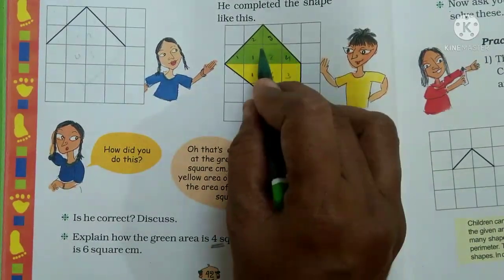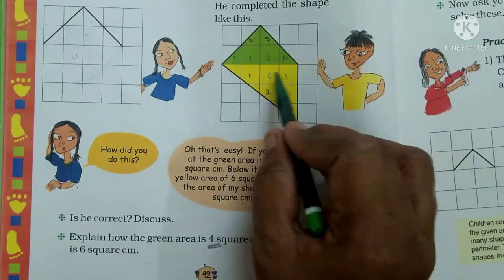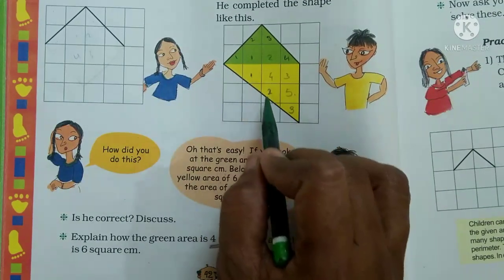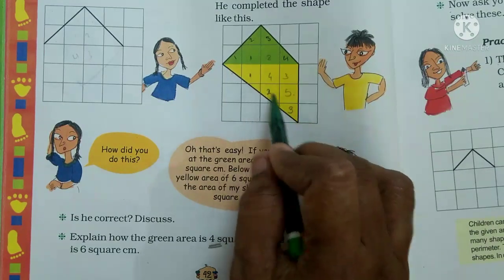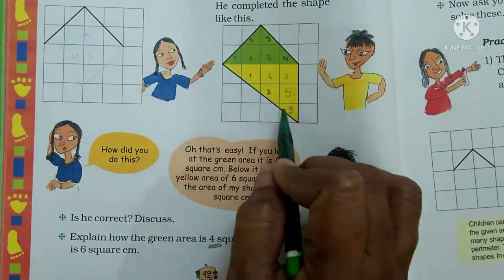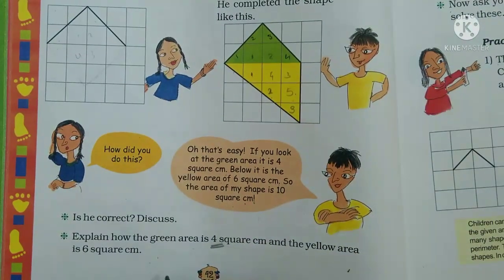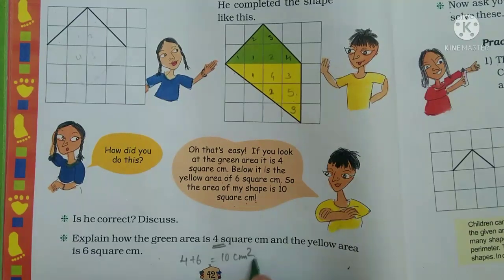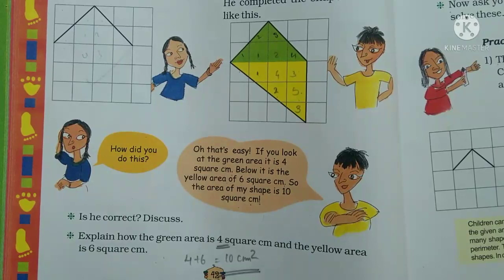In the yellow portion there are 3 complete squares and 3 more than half squares, so 6 squares in total. So the yellow portion's area is 6 square centimeter. The answer is 4 plus 6 equals 10 square centimeter, so the picture is correct. Understand?